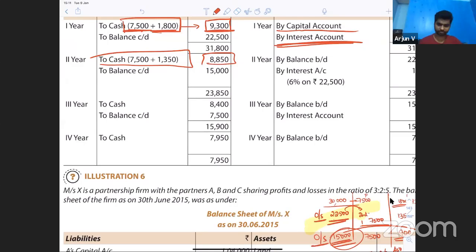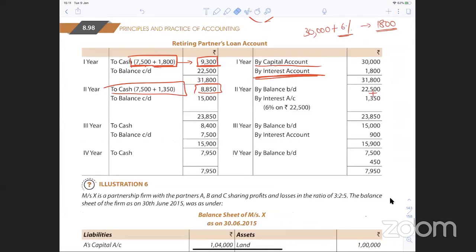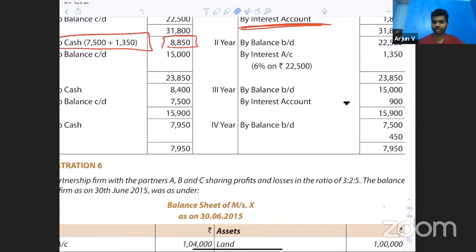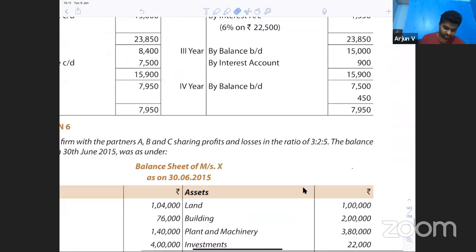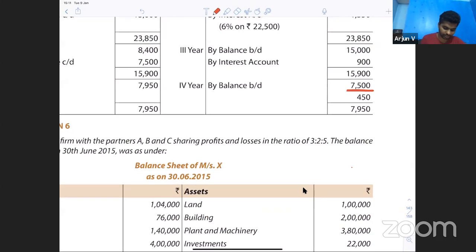Clear with all of this? Karthik, in the last year, I have 7,500 balance, and the interest on it is going to be 450.